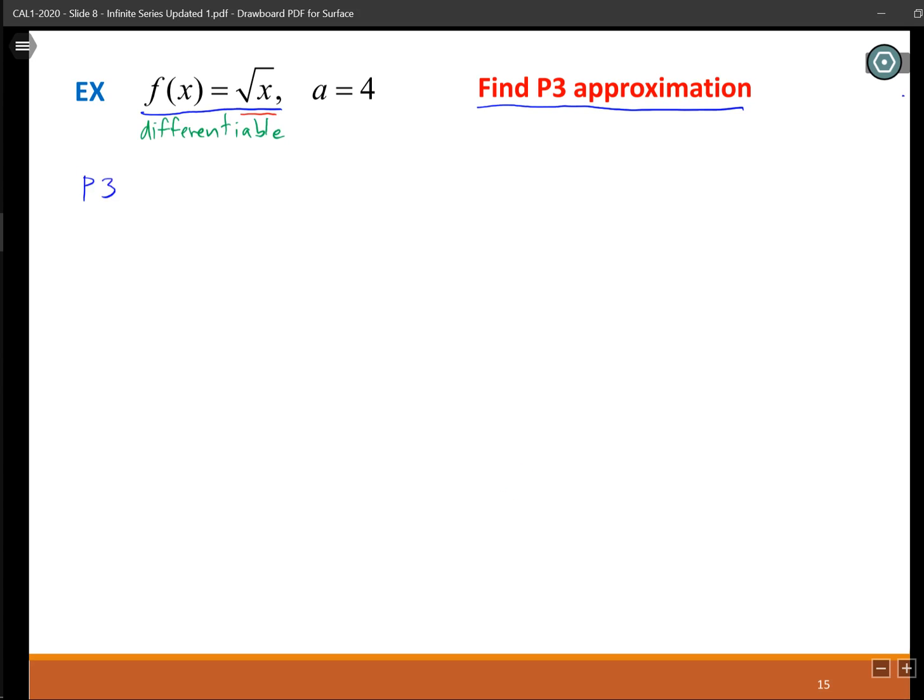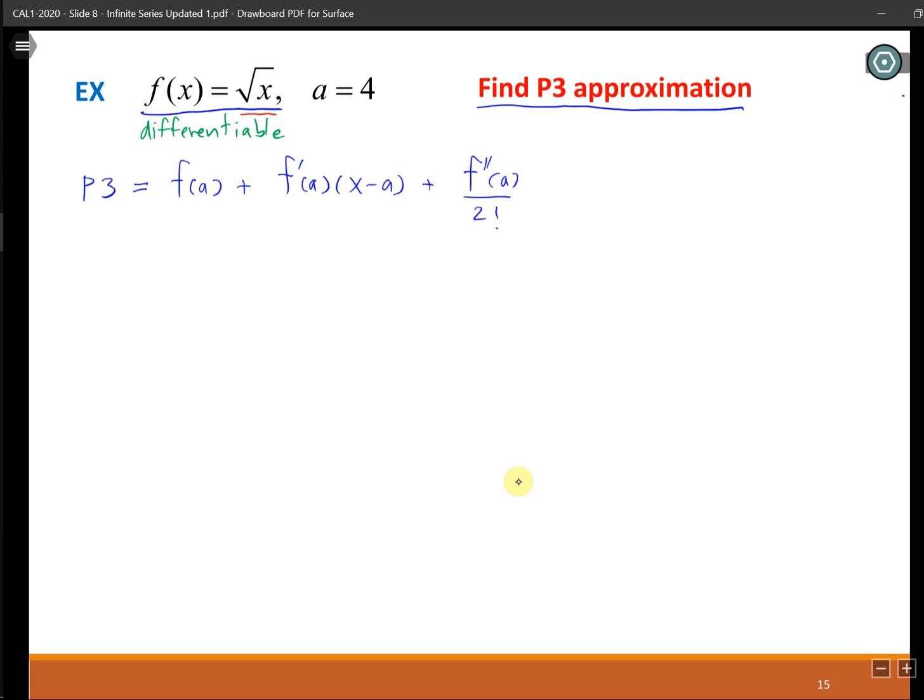And P3 stands for the third order polynomial approximation, and as we know, we need 4 terms of the Taylor series to complete this formula. So let's put them here. P3 equal to, first term is the function value evaluated at a. Second term is the first derivative of f evaluated at a, and polynomial term x minus a. Next term, second derivative of f evaluated at a, divided by 2 factorial.